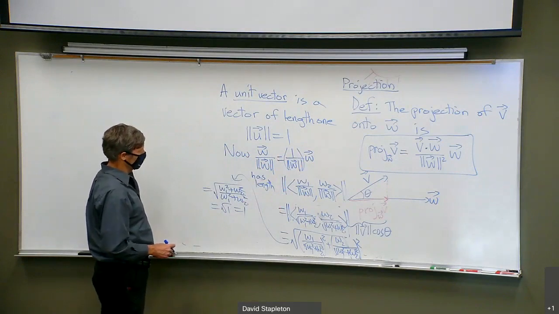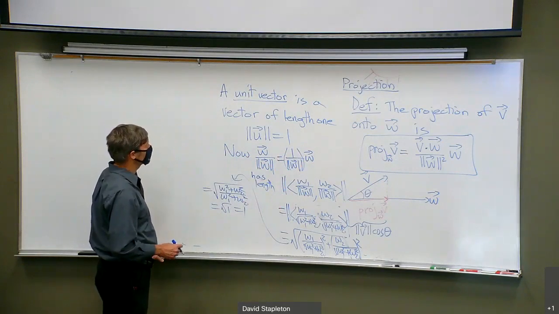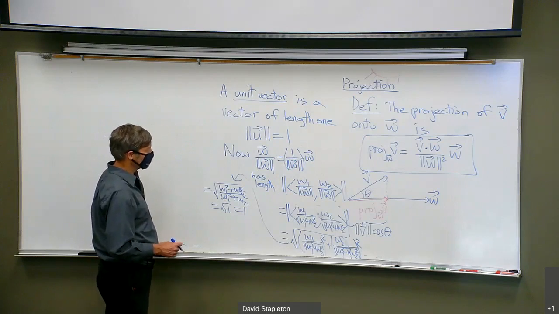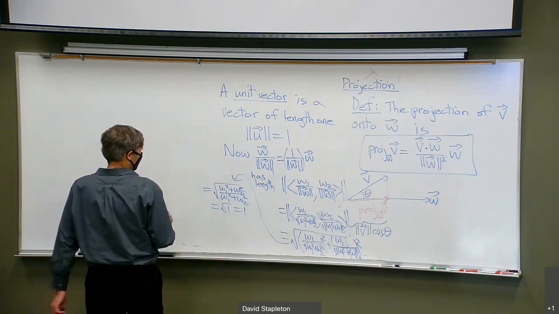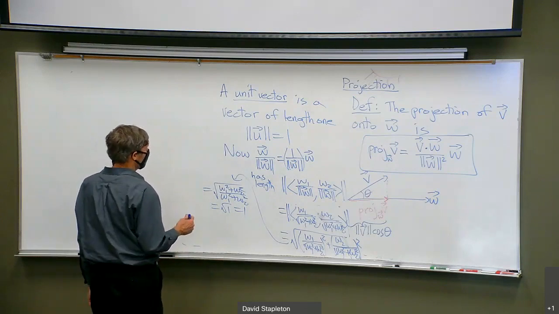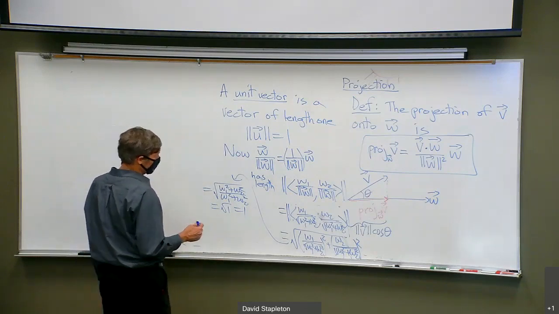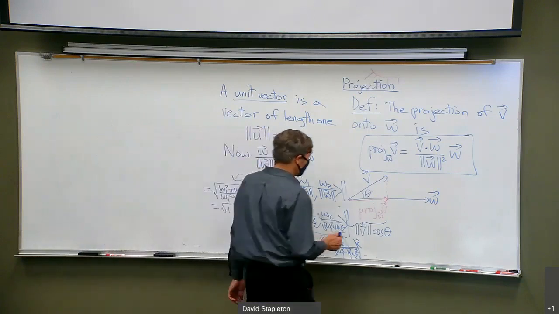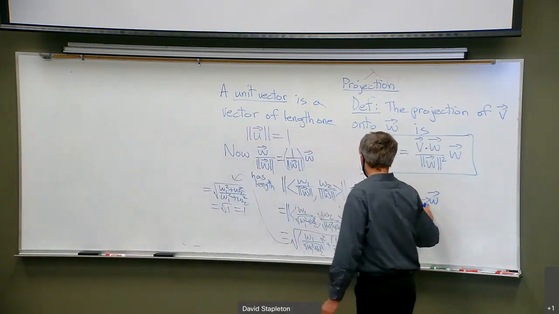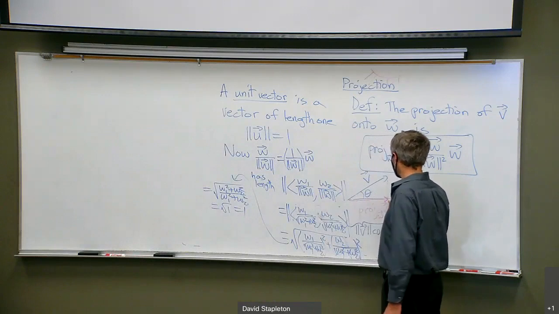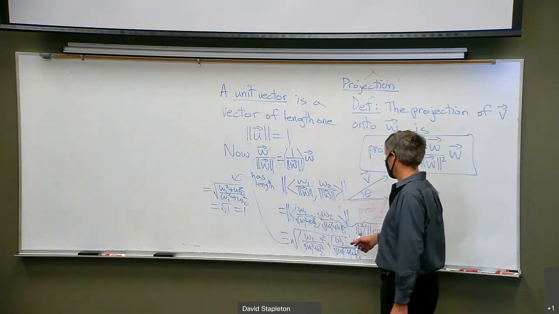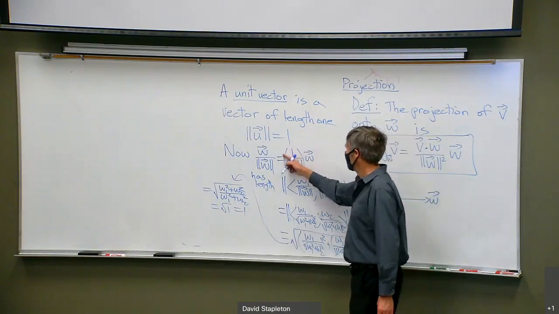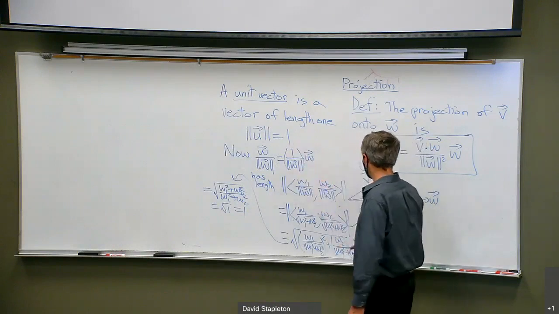So it's a unit vector. Now, what we can do is this. For the projection, what we want is to have this length and this unit vector direction.